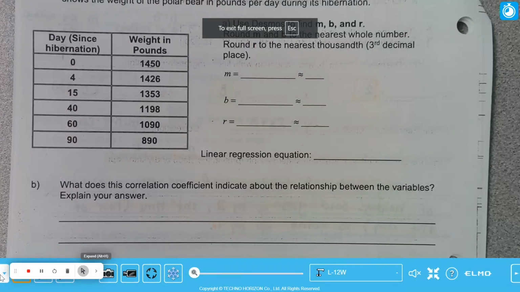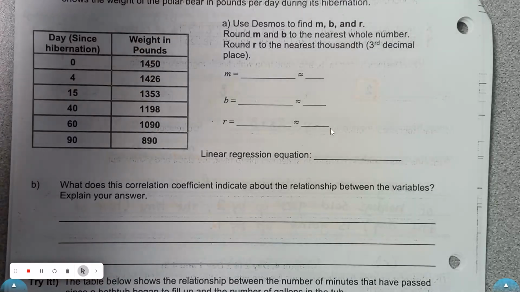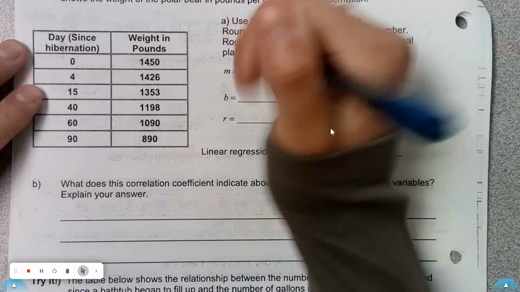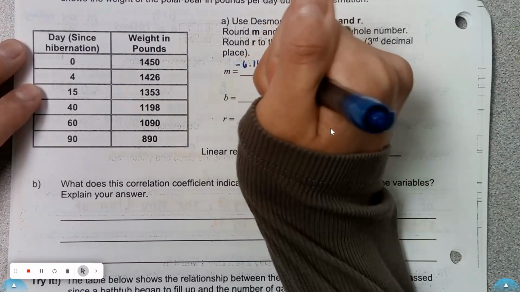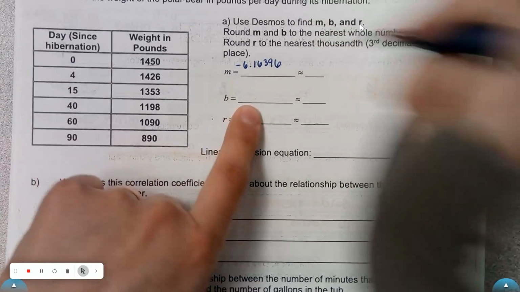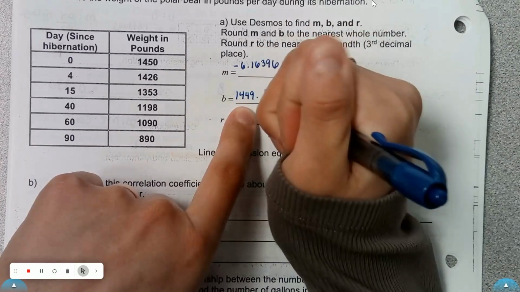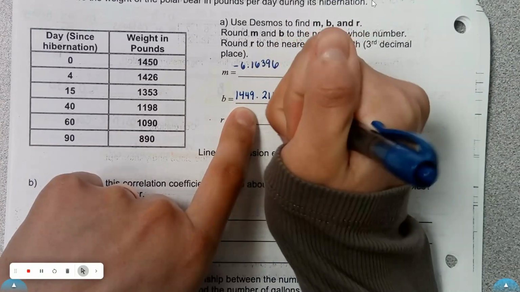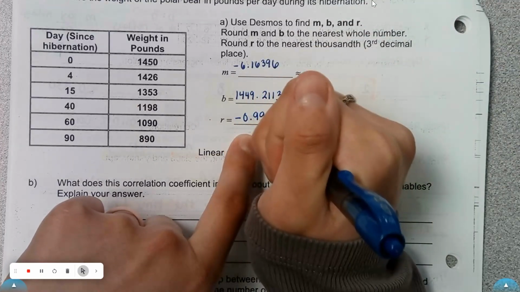So the numbers that I saw on Desmos are the numbers that I'm going to write here. And so those numbers were negative 6.16396. For my B, it was 1449.21113, and then for my R it is negative 0.9996.